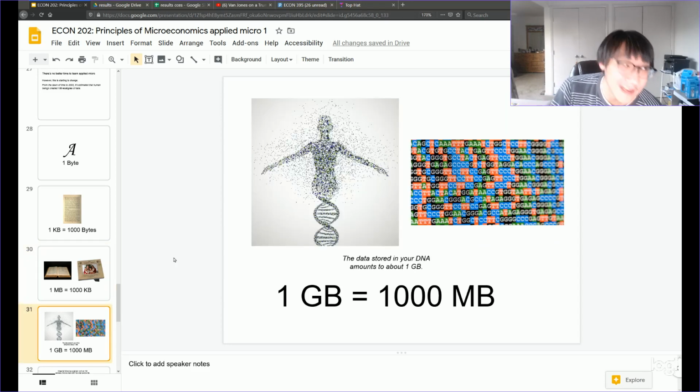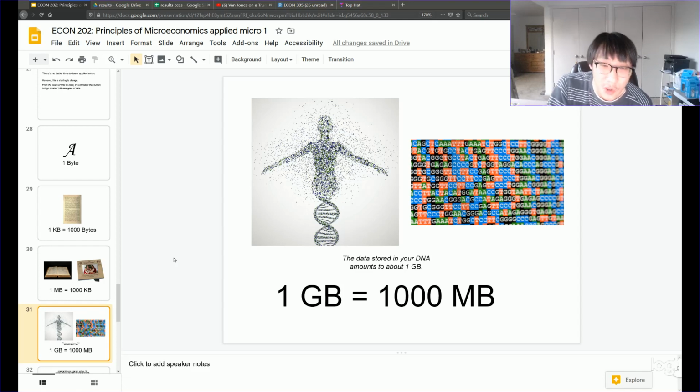If we go up by another factor of 1,000, this you've probably heard of: a gigabyte. A gigabyte is 1,000 megabytes. It's actually the amount of information stored on a compact disc. Not a DVD or a Blu-ray disc, but a regular compact disc for storing music contains about a gigabyte of data.